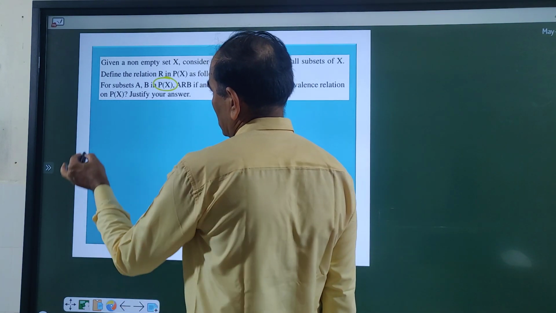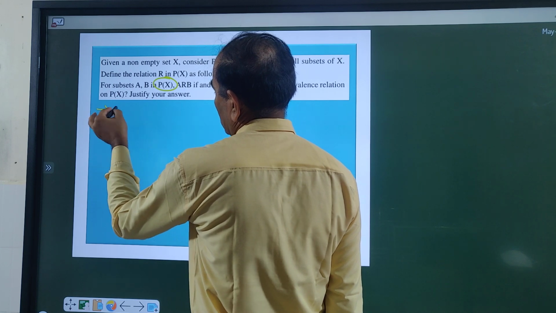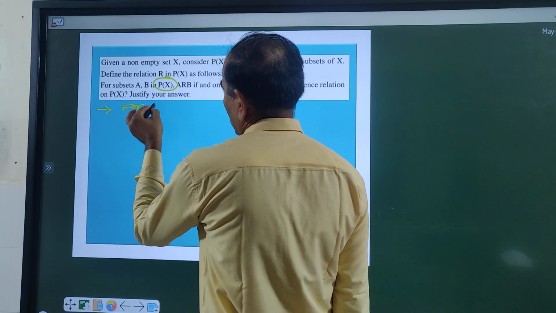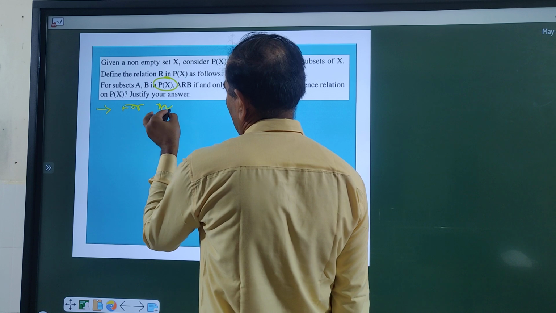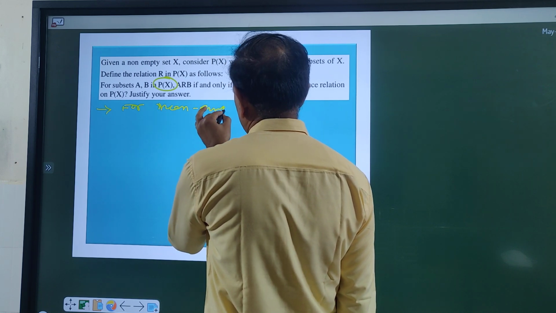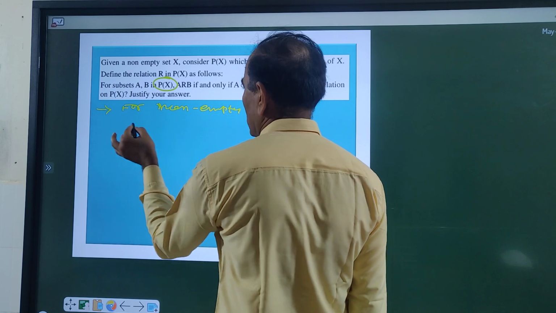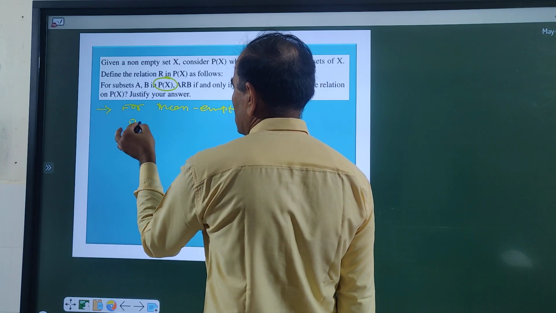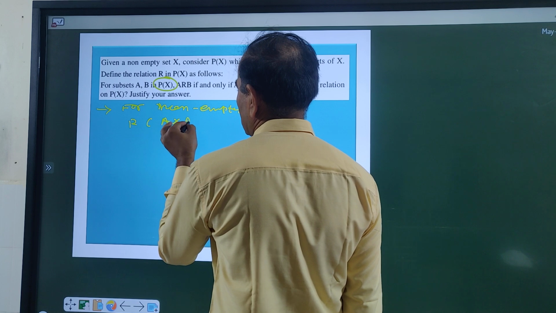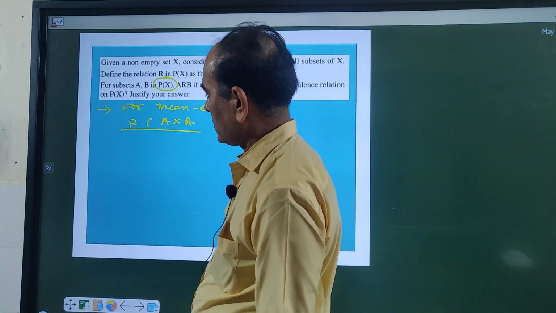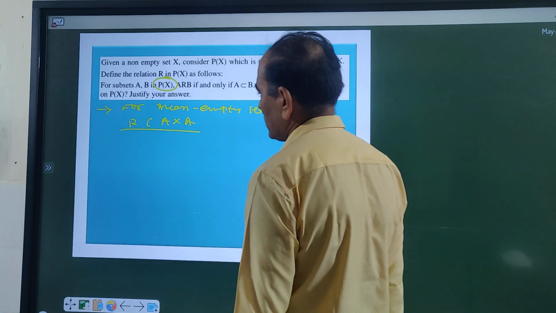What is a relation? Let us recall these things. For a non-empty set A, any subset of A cross A is called a relation. Clear?